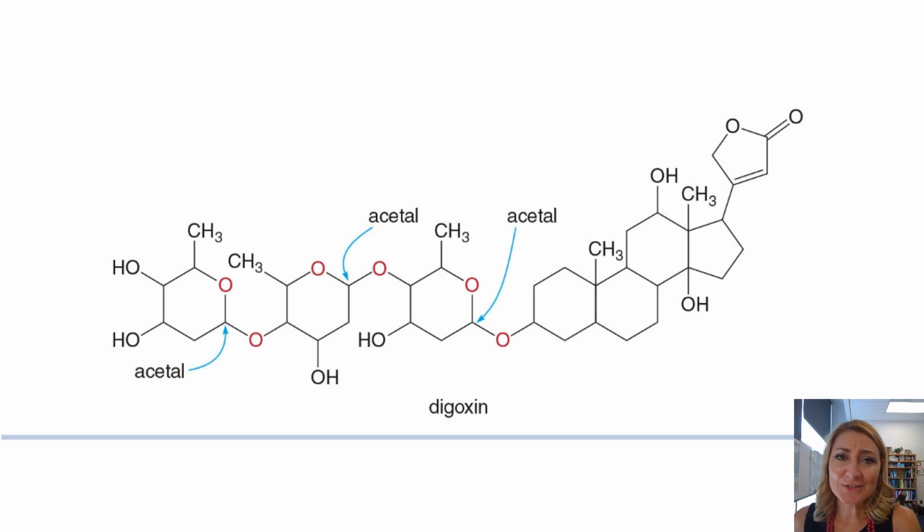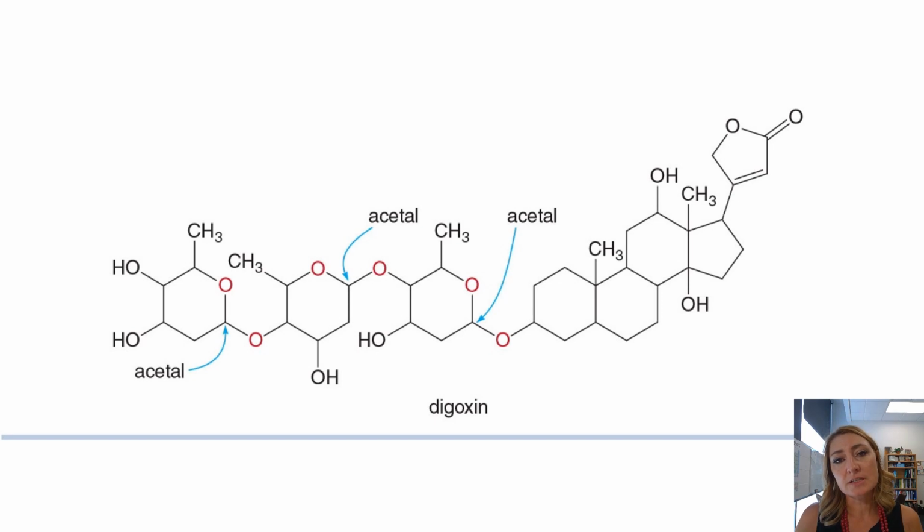All right, since first recording this, I decided I wanted to include a couple health notes and a couple ways that you would see cyclic hemiacetals in questions on exams. So here we see digoxin, which we are going to talk about in a couple slides. So it's a very complex molecule, and something you'd be asked to do is to identify all of the cyclic acetals or hemiacetals that you might see.